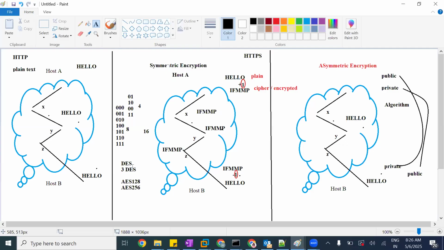You see the algorithms DES, triple DES, AES 128, AES 256. DES is an outdated algorithm. No one is using this algorithm. DES stands for Data Encryption Standard. AES stands for Advanced Encryption Standard. Among AES 128 and AES 256, which one do you recommend to the developer?